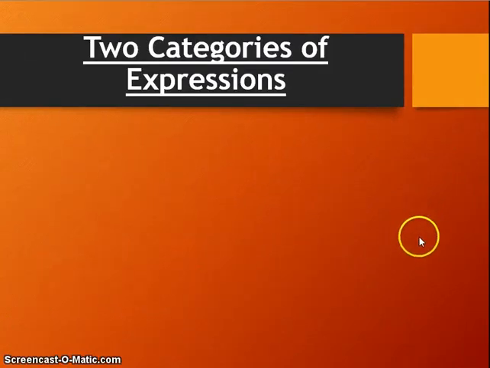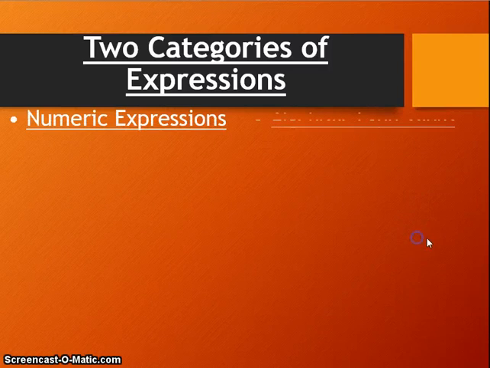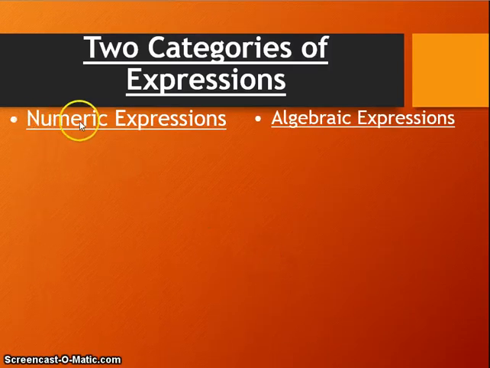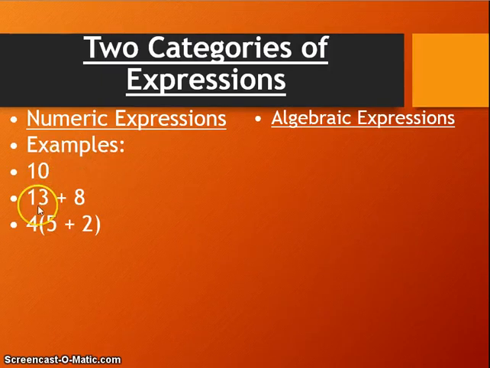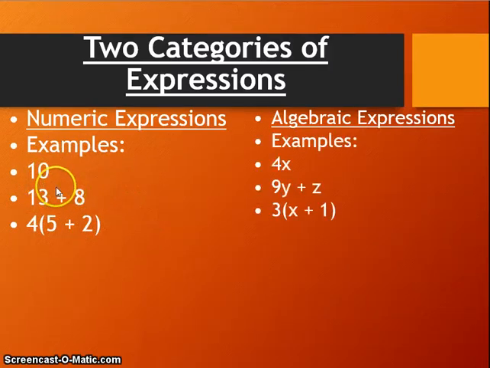Now, there are two categories of expressions, numeric expressions and algebraic expressions. If you look at the way they both begin, numeric almost looks like the word number, and algebraic almost looks like the word algebra or alphabet. These will help you to make connections to what each expression can contain. Now, here are some examples of some numeric expressions. If you notice, what do they contain?